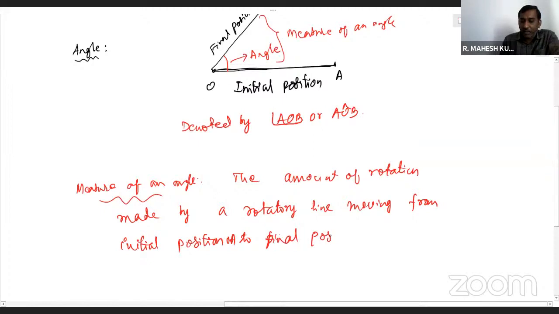Understood? That is called the measure of an angle.